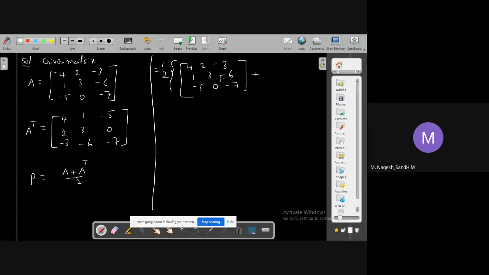Next, plus A transpose: 4, 1, minus 5; 2, 3, 0; minus 3, minus 6, minus 7. Okay, 1 by 2 into this one, so matrix addition.